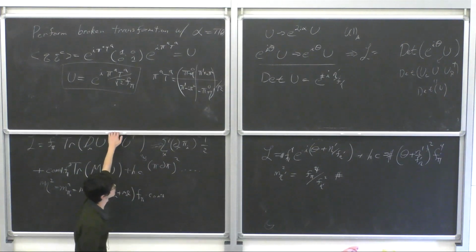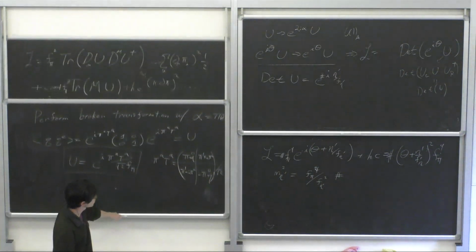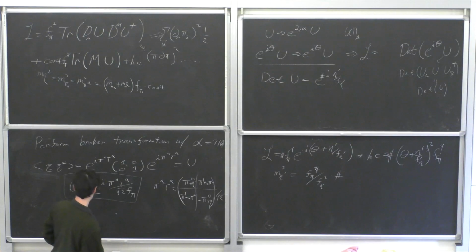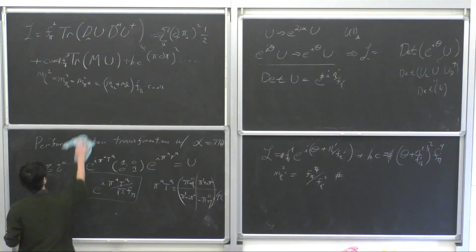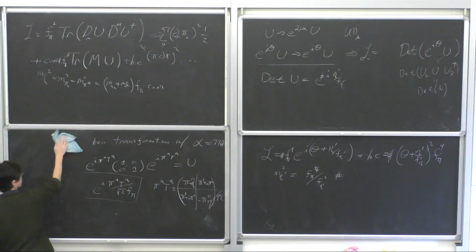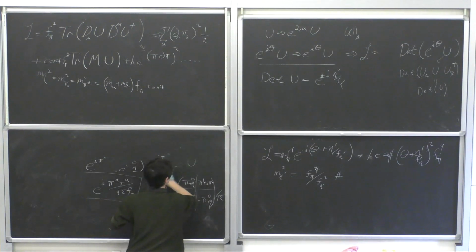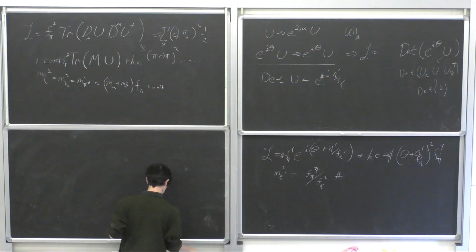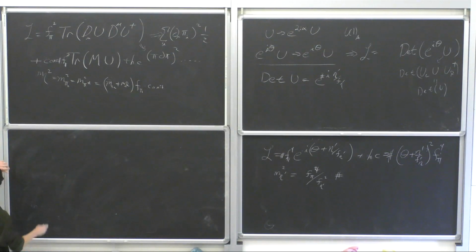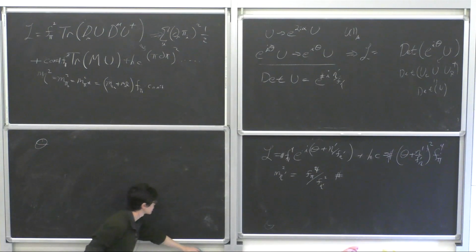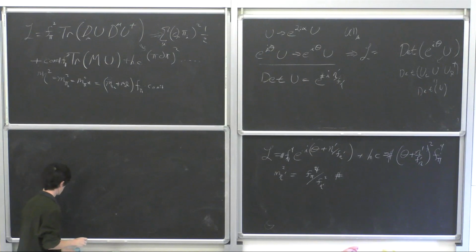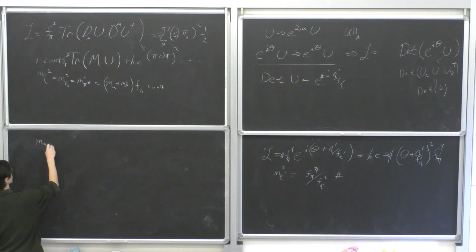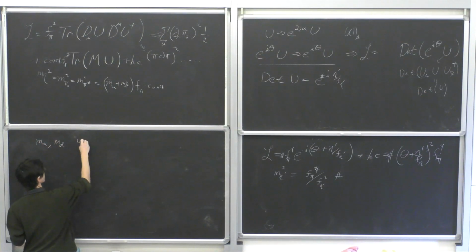So notice the following, which is a statement about nature, which is that mu, md are very small.